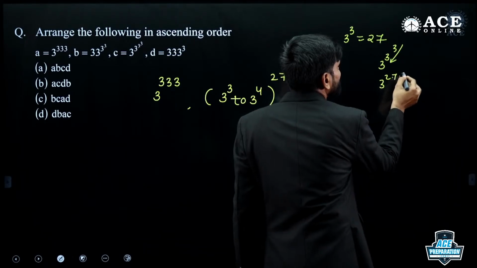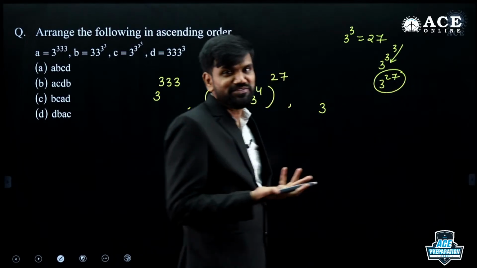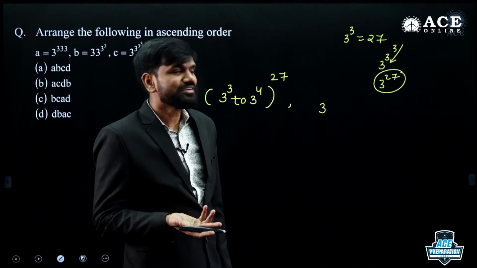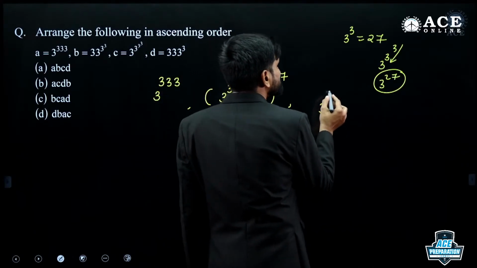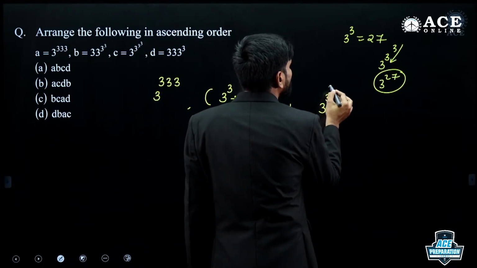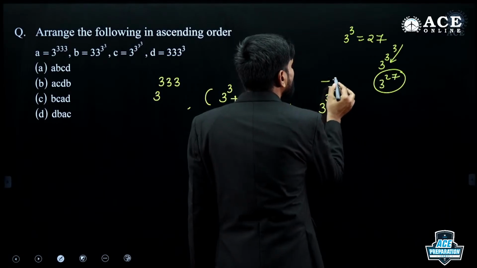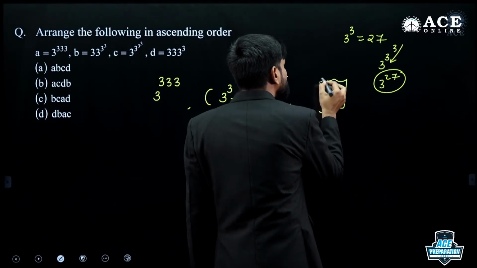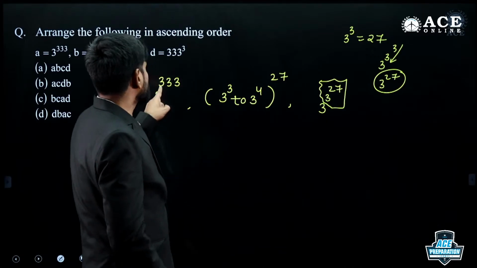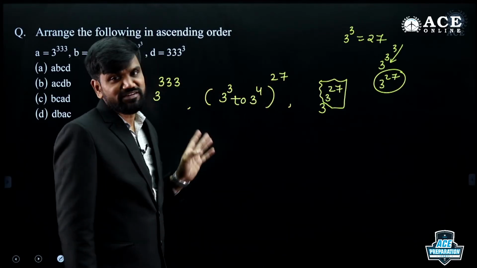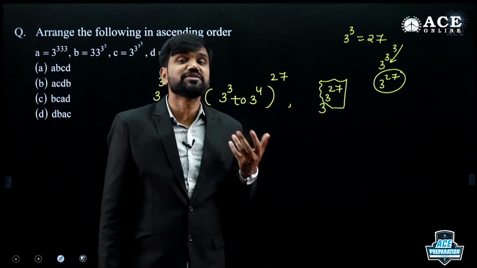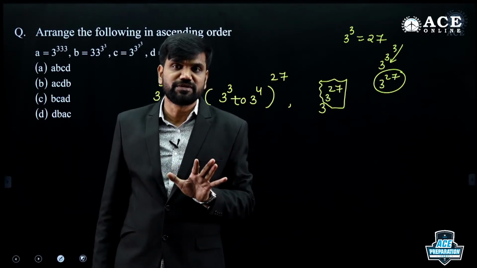What is the value of 3 power 27? That is a very big value. We can't even estimate it manually. So I can definitely say that this is 3 to the power of 27, which is going to be the highest among the powers available, because that will definitely be more than 333, because 3 to the power of 27 is such a big number that you can't even estimate manually.